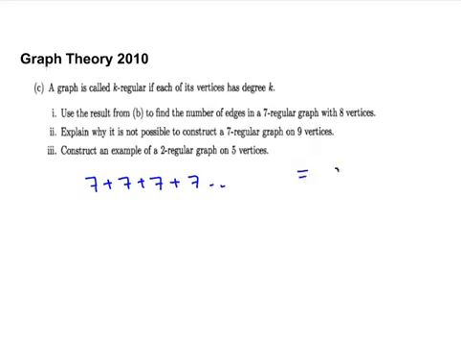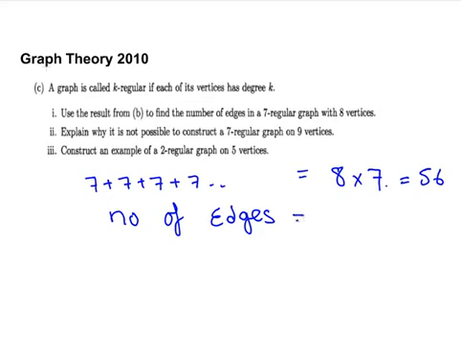So we actually can write it as 8 times 7. And in that case, that is the sum of degree sequence, and that's 56. That means the number of edges is 56 divided by 2, and that's 28.